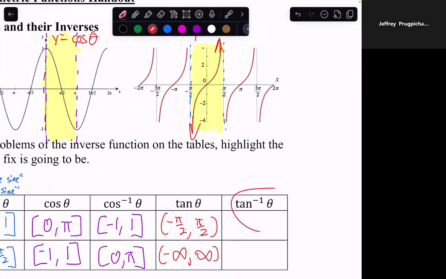And again, you should be able to do the inverse tangent domain and range pretty much instantly. The domain of tangent becomes the range of inverse tangent, and then the range of tangent becomes the domain of inverse tangent.